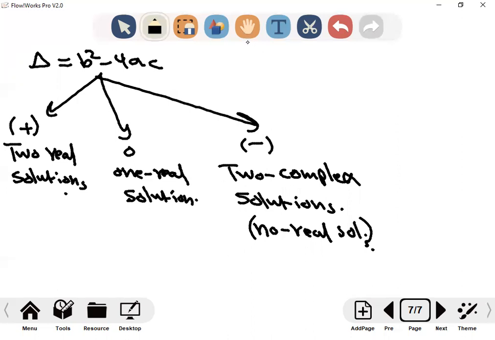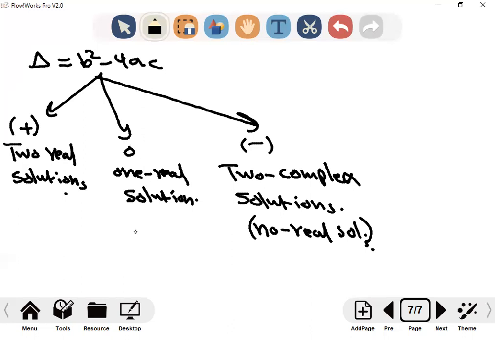Now, delta can be one of three values: positive, negative, or zero. If delta is positive, then the equation has two real solutions. If delta is negative, then there are no real solutions; we have two complex solutions with i, right? If delta is zero, then we have one real solution.